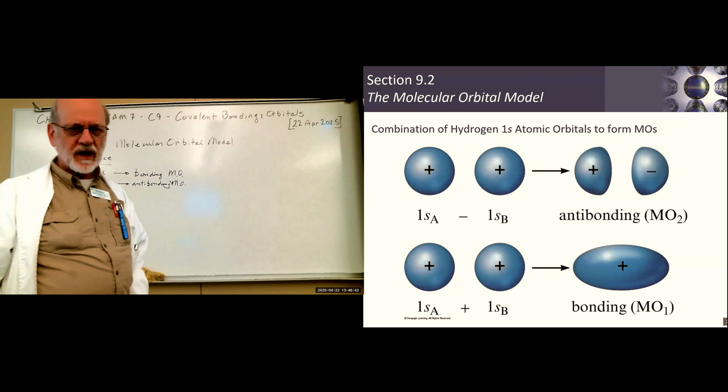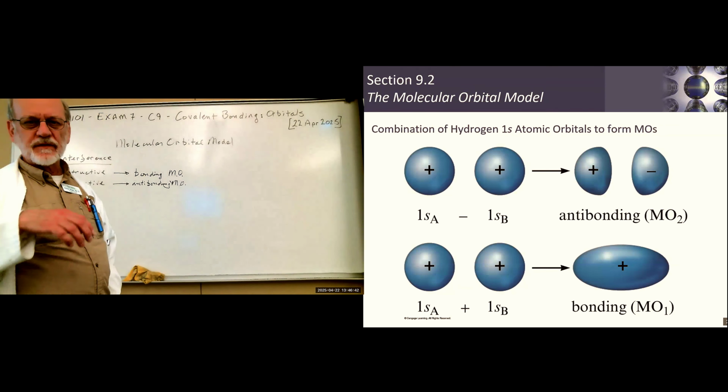Okay, here's an example of the very simplest molecular orbital model for hydrogen. Hydrogen has a 1s orbital for each one of the atoms, right? We see the nucleus is represented by, well, actually, that's not the nucleus representation. That's the s orbital.